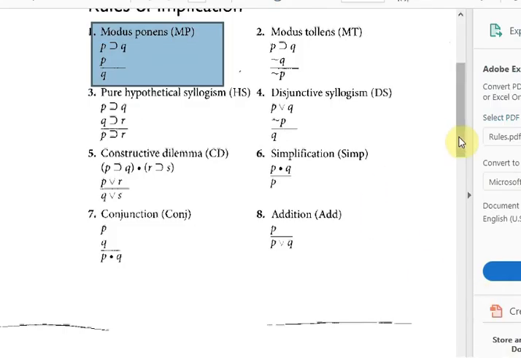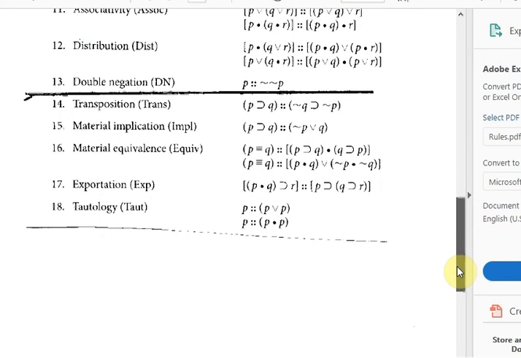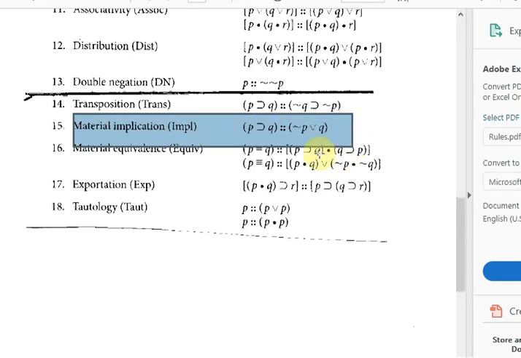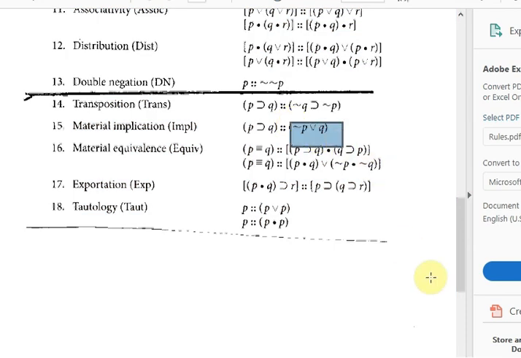Let's go back and look at the rules. Notice that material implication is what we want, because with material implication, we can go back and forth, right? Notice that this is a conditional statement and then this is a disjunction. So the question is, what do we have now and what can we get? Okay, well, we basically have this form here, not P or Q, right?